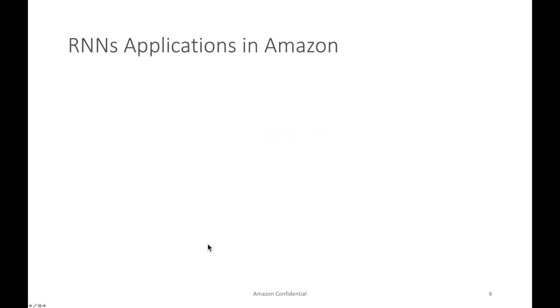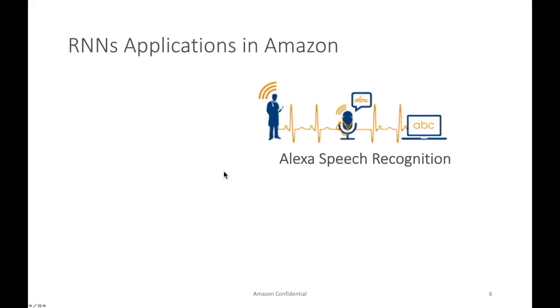We also want to see some of the applications of RNNs before we go deep into why an RNN is required. Some applications are speech recognition. Whenever you call to the Alexa device and ask it a question, that gets transcribed into text through an RNN, and then the response is sent back to you.